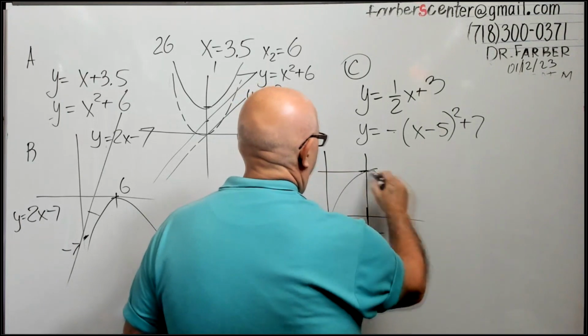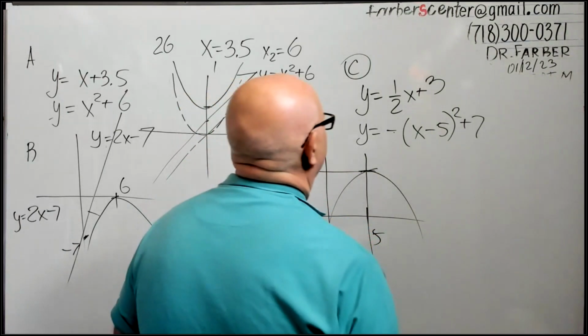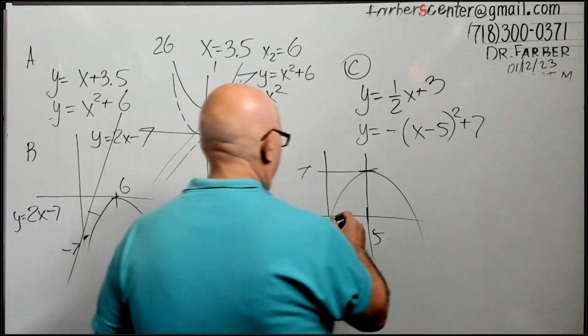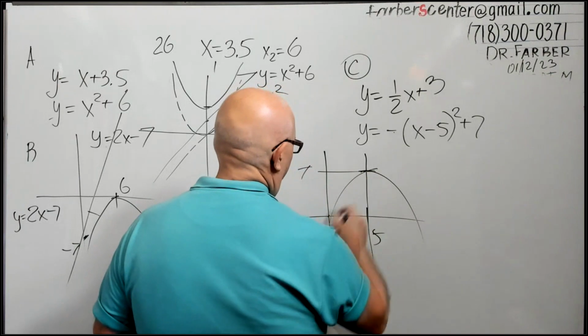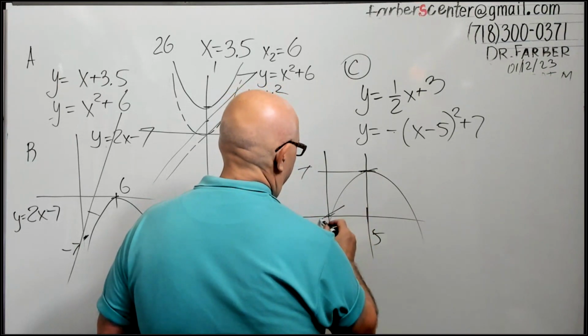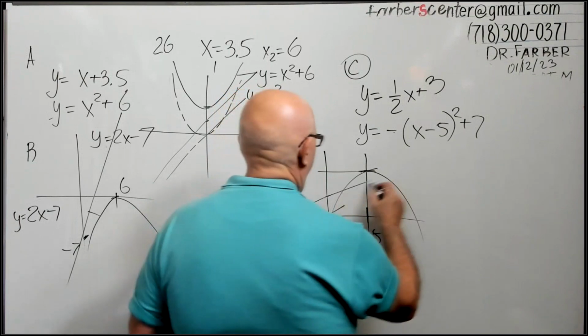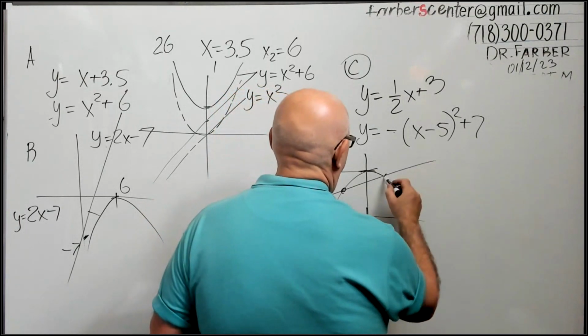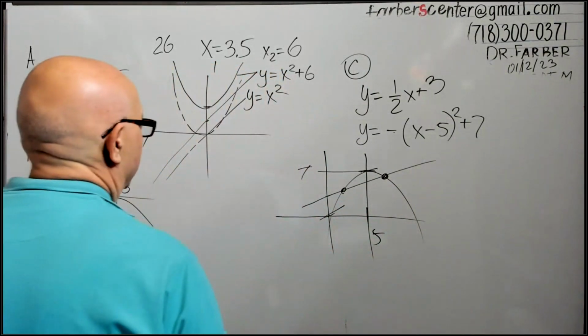My parabola goes somehow like this. 1 over 2 x goes from the origin, less steep than 45 degrees, plus 3. And this parabola goes like this. Makes sense, we have 2 points of intersection.